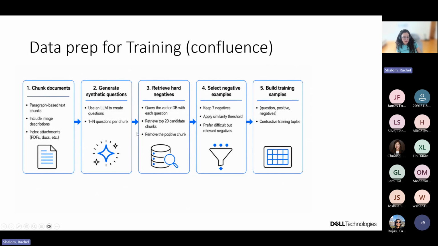After I did that, the question is, okay, how do I create negative examples? For creating negative examples, I took a question and sent it to the vector database in order to retrieve chunks that might answer this question. But this was with some limitations.